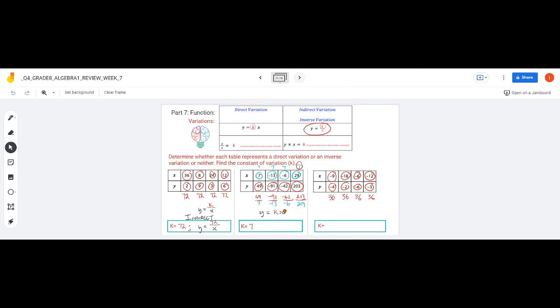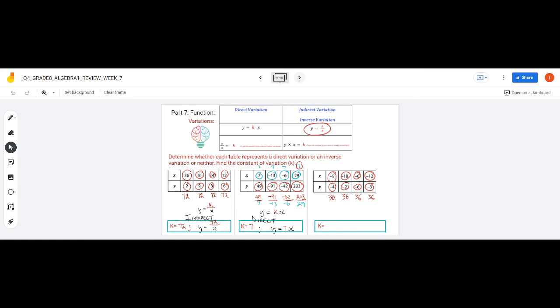So then it's going to be y equals, what's my k? 7x. And this is an example of direct variation.